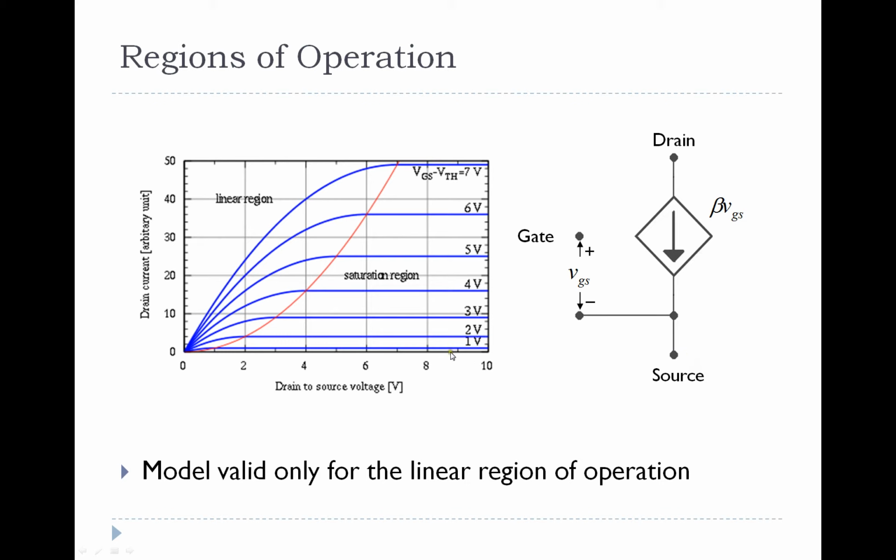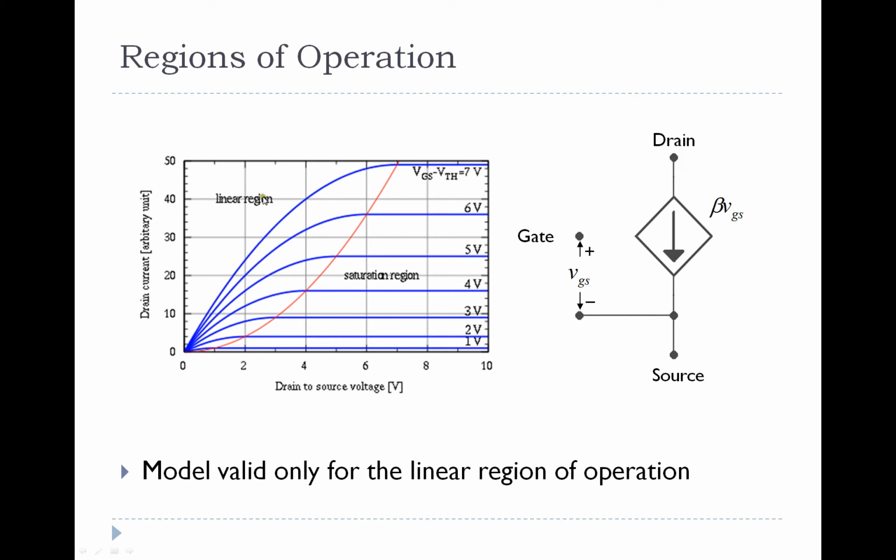And that current that it allows to pass through depends upon the applied gate to source potential. So in the linear region, we can apply this model right here. And in the saturation region, this effectively acts as a switch that's going to control how much current passes between the drain and the source.